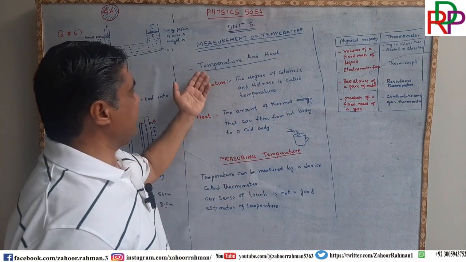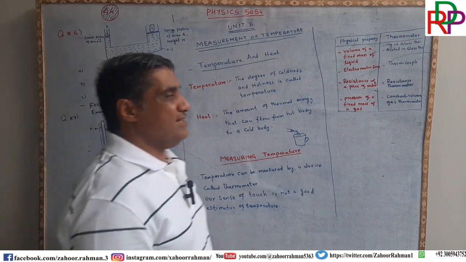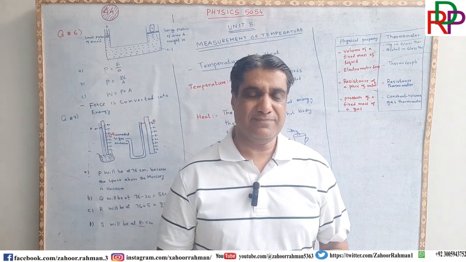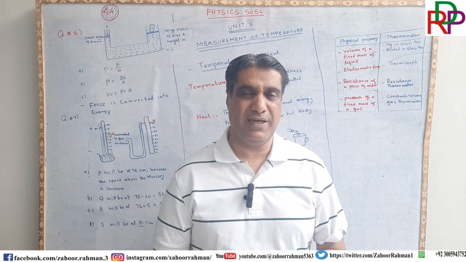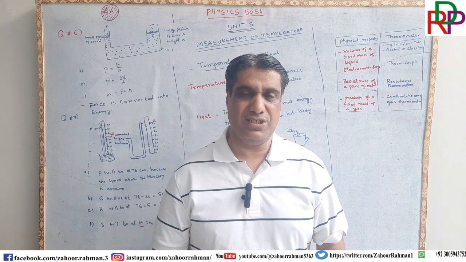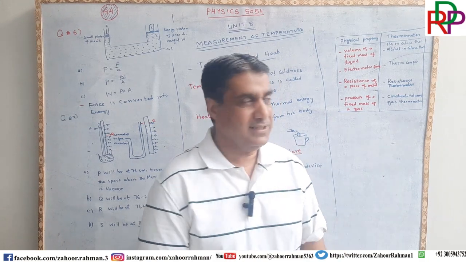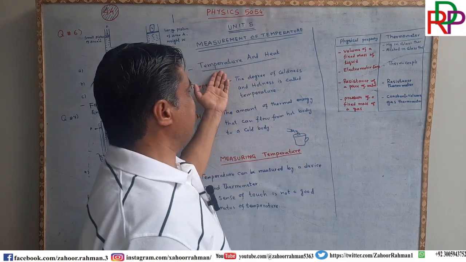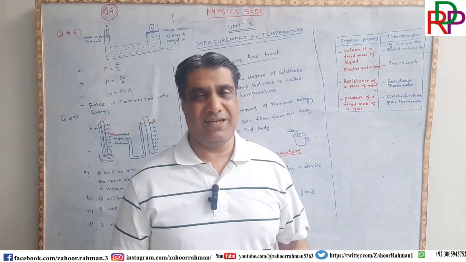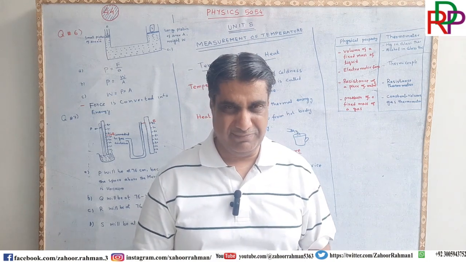Our next topic is temperature and heat. This is a confusing word in our daily life. Those who are not aware of the physics, they are using these two words interchangeably. For example, they are saying temperature is high in the summer times, and also they are saying that today the heat is very high.